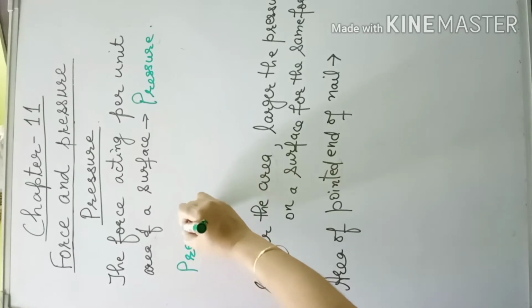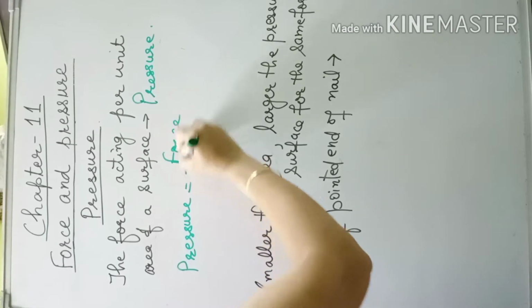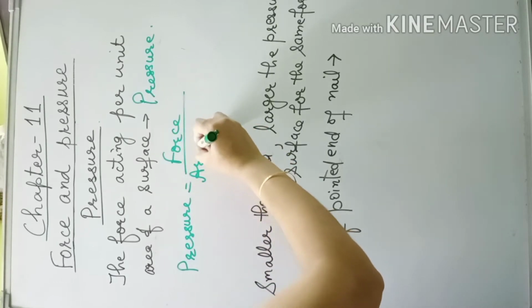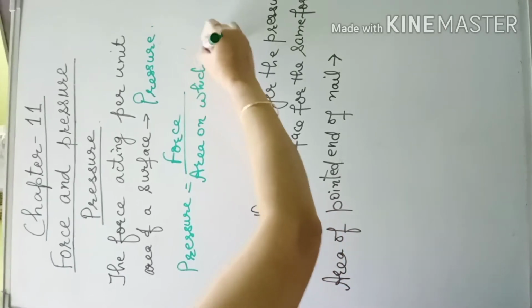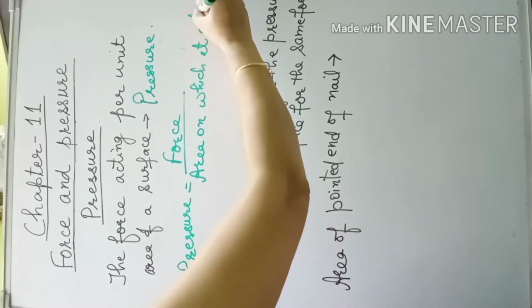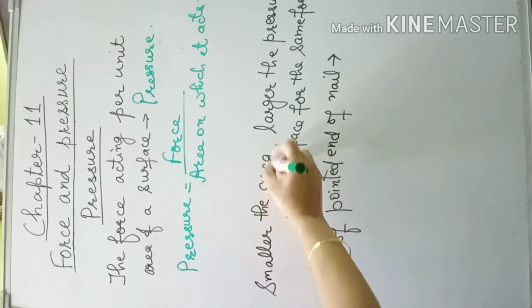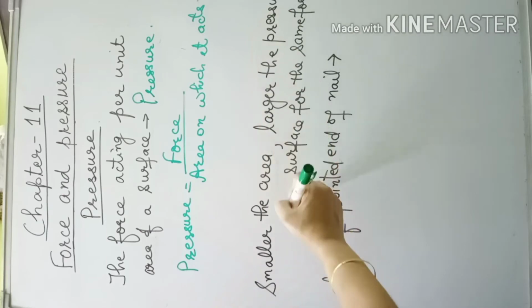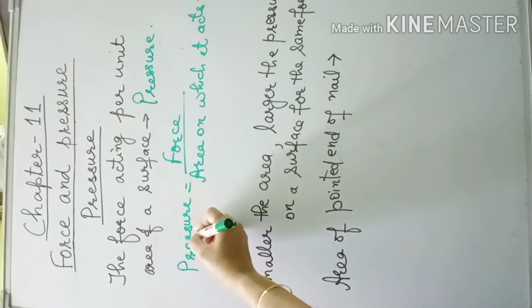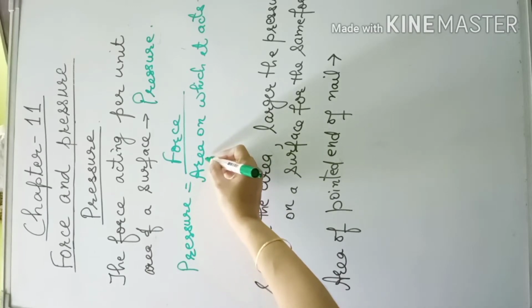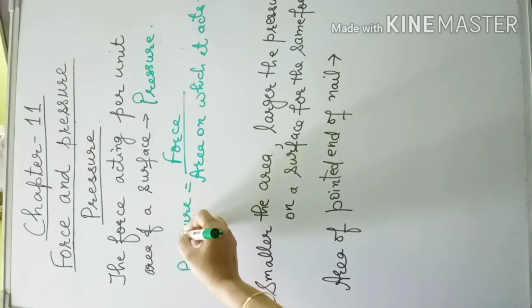Pressure is equal to force upon area on which it acts. So smaller the area, larger the pressure on a surface for the same force, because the pressure is inversely proportional to the area. So if area will be less, then the pressure will be more.